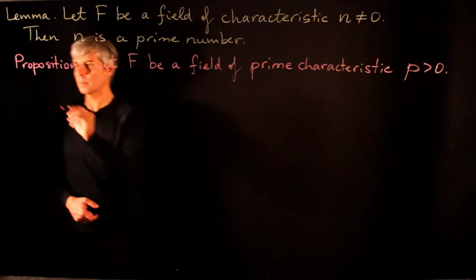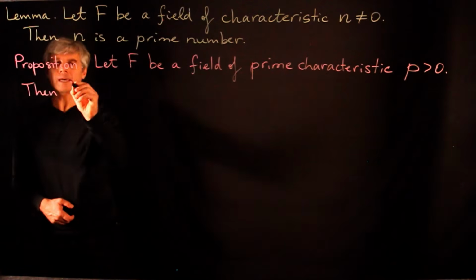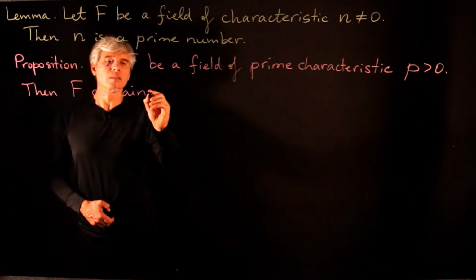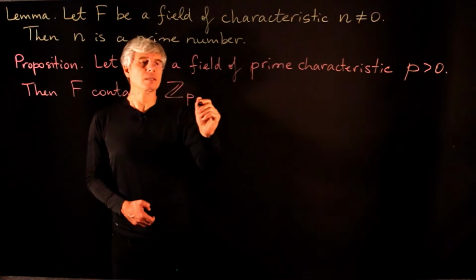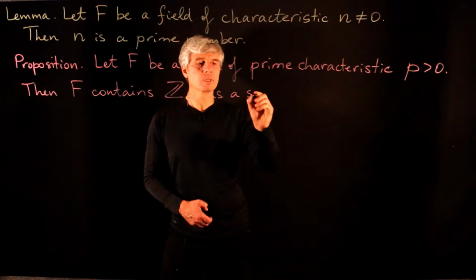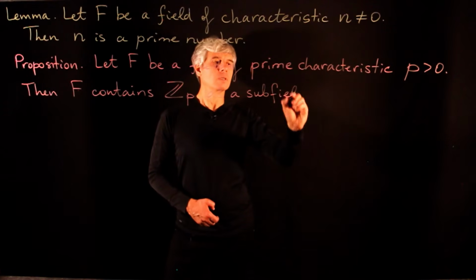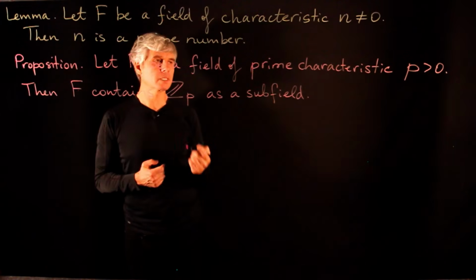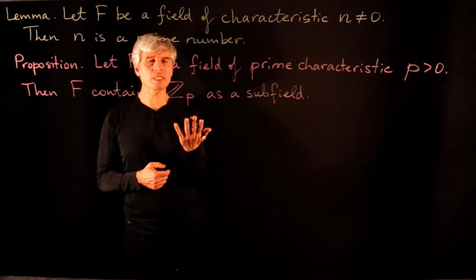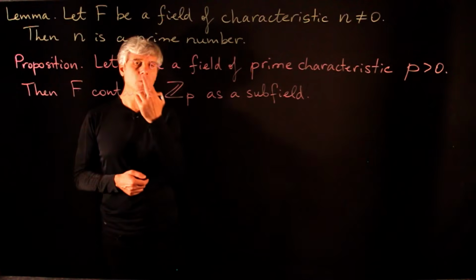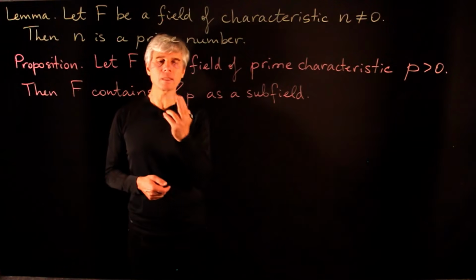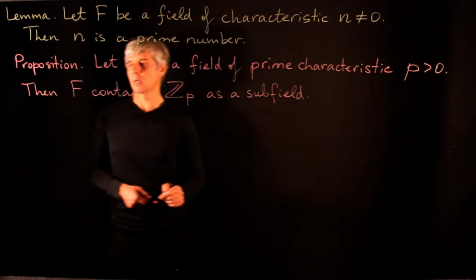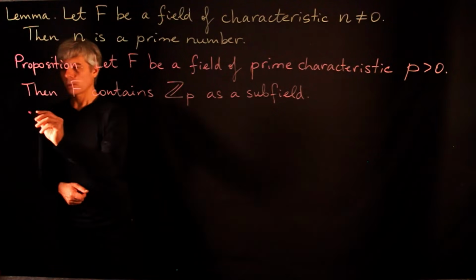Then F contains Zp as a subfield. So we know that Zp is a field itself. And so basically what we are saying here is if we have a field of characteristic p, then it contains Zp as a subfield. Now, let's prove this.